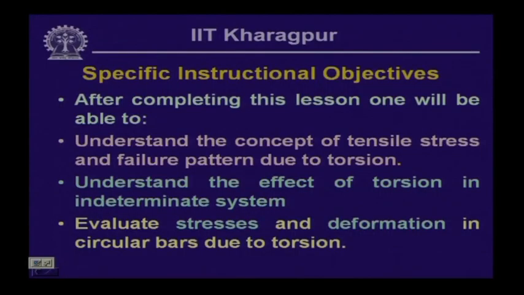As we have seen in the past, systems where we cannot evaluate the internal forces using equilibrium equations alone are called indeterminate systems. For such indeterminate systems, if a twisting moment acts, what are the consequences, that we will be looking into in this lesson. And finally, we will evaluate stresses and deformation in circular bars due to torsion.